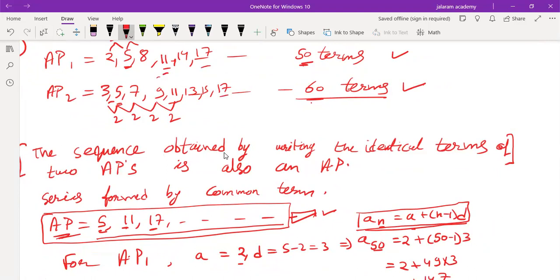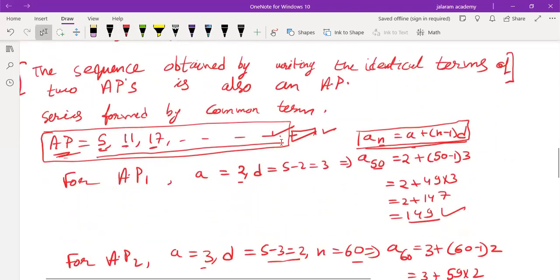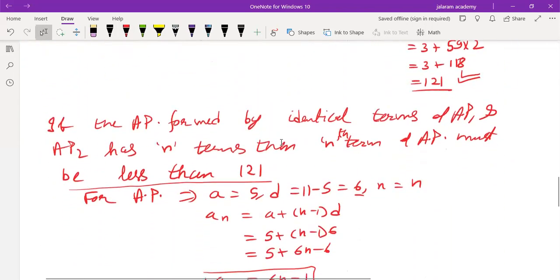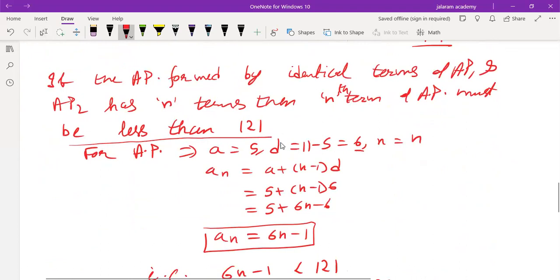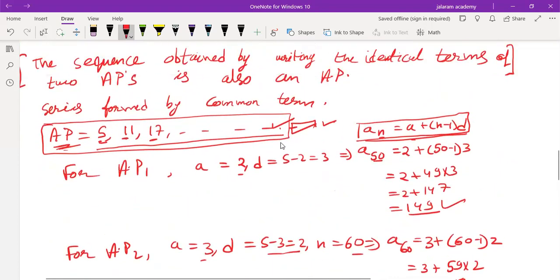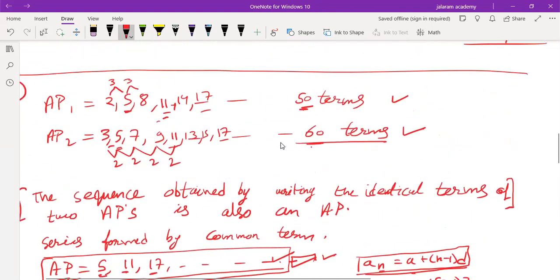So if there are n identical terms, means this AP must have an identical term. So if we find the nth term out of this, it will be 6n minus 1, as it is the nth term of the AP, so it will be in terms of n. Now it must be less than the last term of AP1, that is 50th term of AP1, and it must be less than the last term of AP2, that is 60th term of AP2.